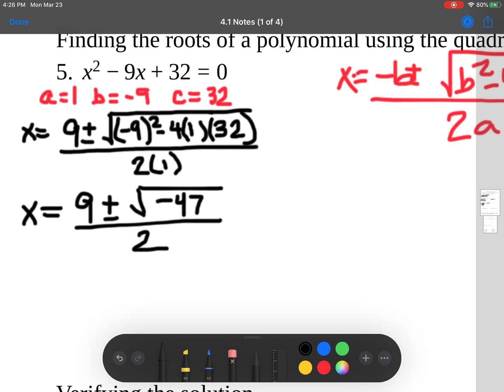So if we do not have a positive number in our square root, there's actually going to be no real solution.